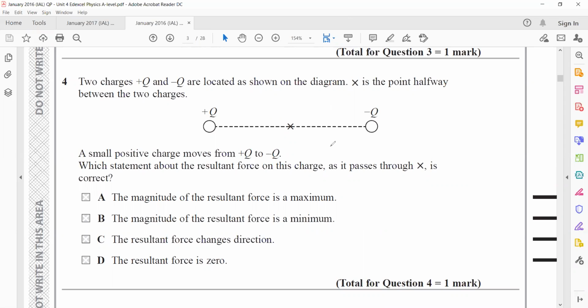The magnitude of the resultant force when it passes through X is minimum. B is the right answer.